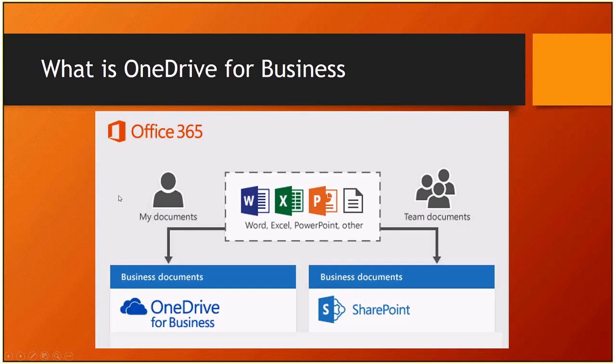All right. OneDrive for Business, as I mentioned, is part of your Office 365 subscription. It allows you to save all sorts of files into your OneDrive. OneDrive is cloud storage. Right? It is a place in the Microsoft Cloud as part of your Office 365 subscription where you can save your files.